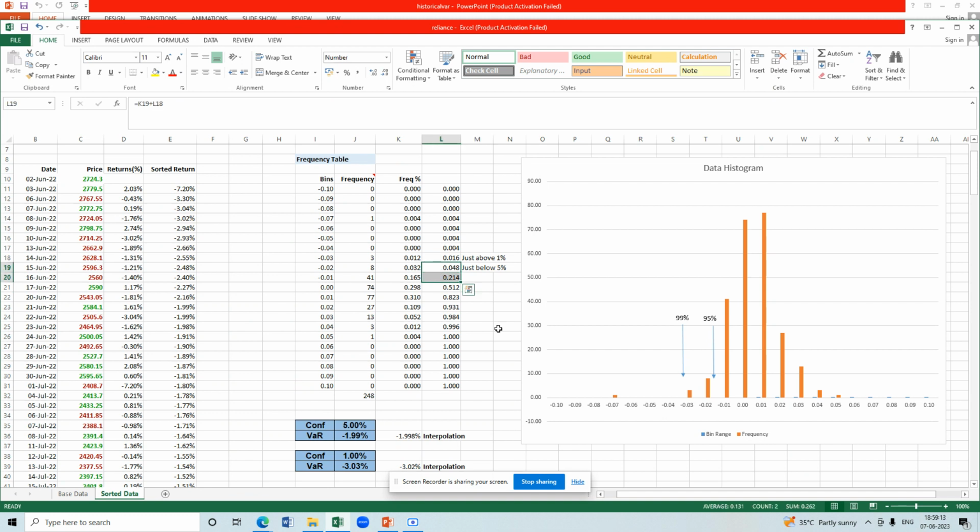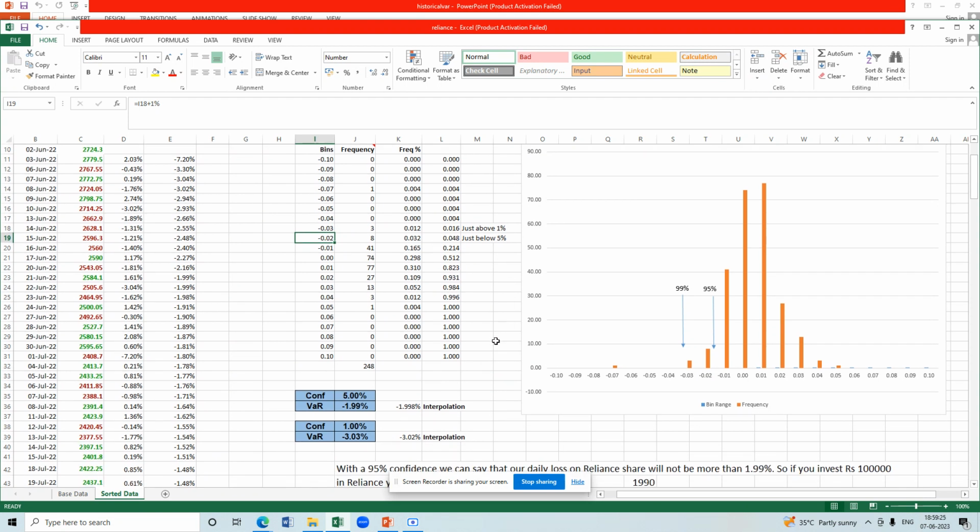So it's not falling exactly on a particular bin. So I can't say, for example, that my VAR is 2%. It has to be a little less than 2% because it's falling within this interval. So I need to do an element of interpolation, and that's what I've done over here in this formula.